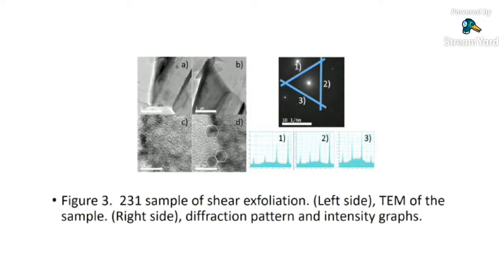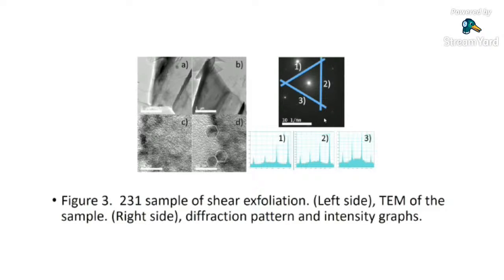The first, figure 3, shows the 231 sample of shear exfoliation. On the left side there are 4 images with different magnifications. A and B are graphene sheets, and C and D also show the performance of graphene.